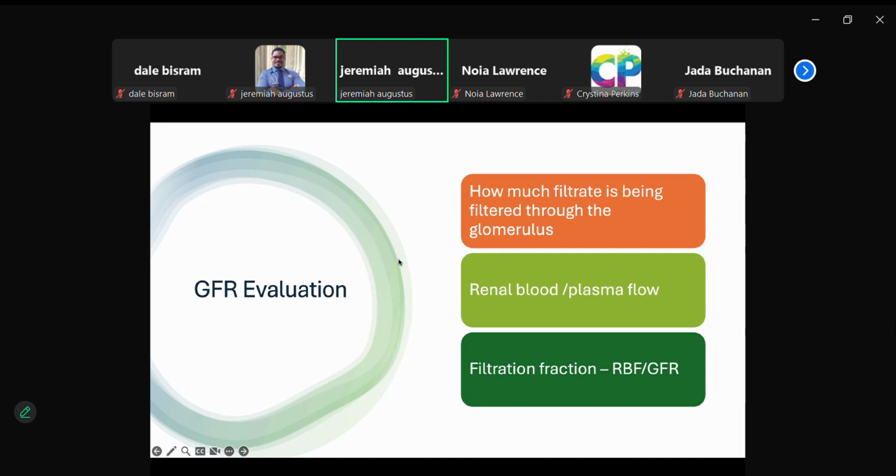Good. So the renal blood or plasma flow is the amount of blood getting into the afferent arteriole at a given time, right? The amount of blood entering and leaving, practically. Because if, let me say, 5 mils of blood comes in and 5 mils leave, something is wrong.